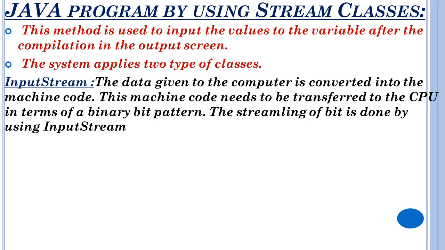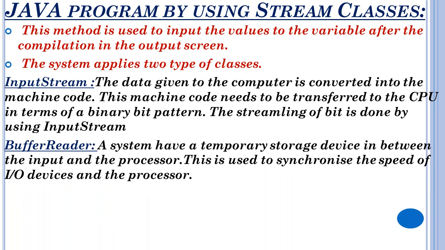So we need to use the input stream. Streamlining means the input data will be secured in your program. Input stream is used to secure your data from an input error or from tampering. That is about input stream.